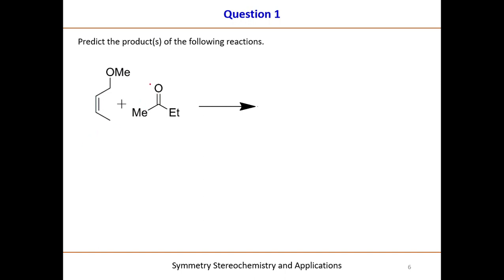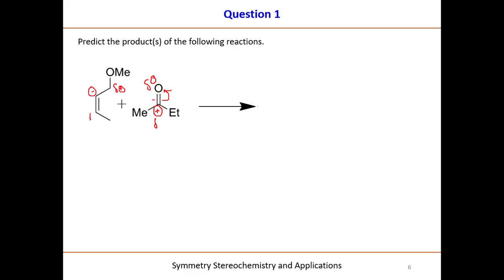So here we will see this is partial negative charge. Negative charge will come over here and positive charge will be here, right? And this one, because it's an electron donating group, partial positive charge will generate over here, and here we have a negative charge.